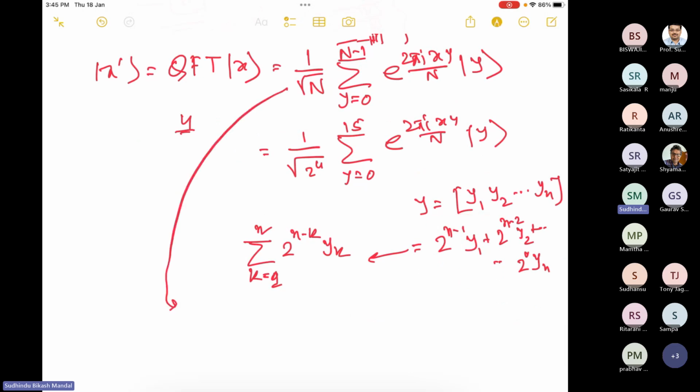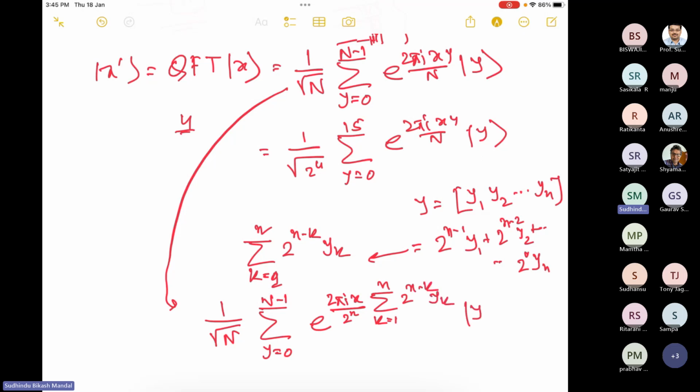What will this equation be? 1 by root over capital N, sum over y equal to 0 to N minus 1, e to the power 2 pi i x y by N. Now N can be 2 to the power n, and y can be replaced by the summation over k equal to 1 to n of 2 to the power n minus k yk, with the binary representation y1, y2, up to yn.